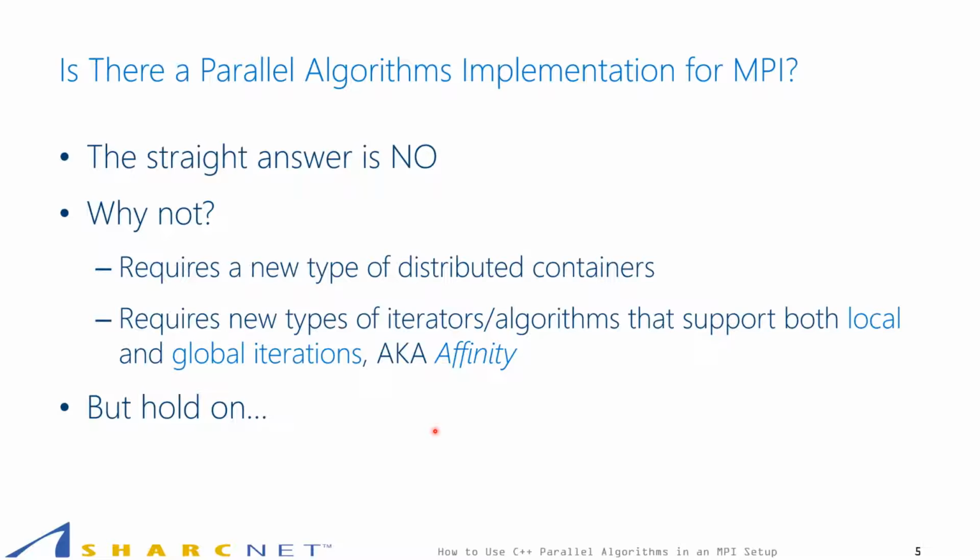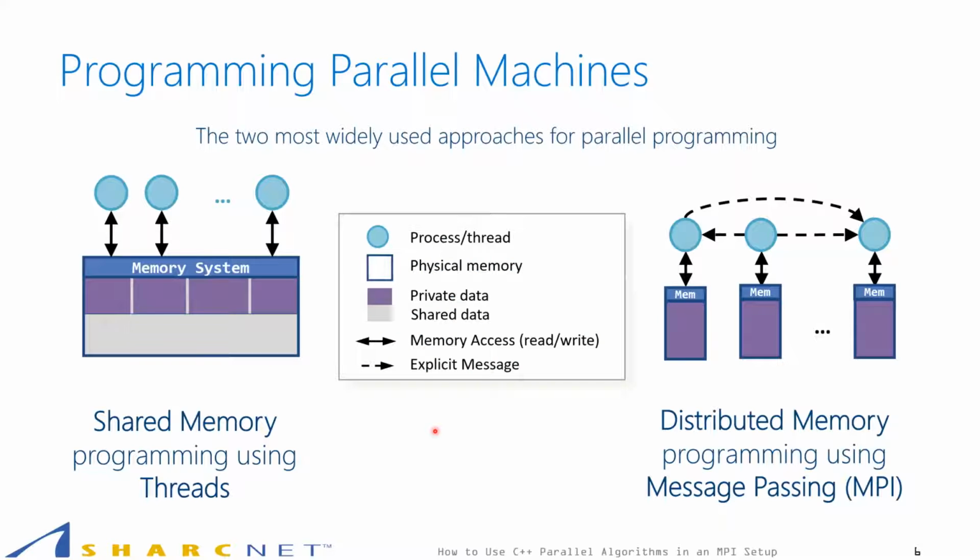But before going in for that, we need a little bit of background. When it comes to programming parallel machines, there are two most widely used approaches for parallel programming: shared memory programming using threads, and distributed memory programming using the message passing interface, or MPI for short.